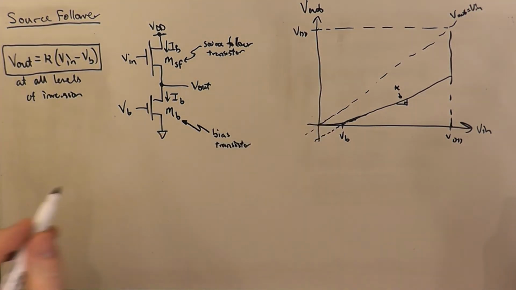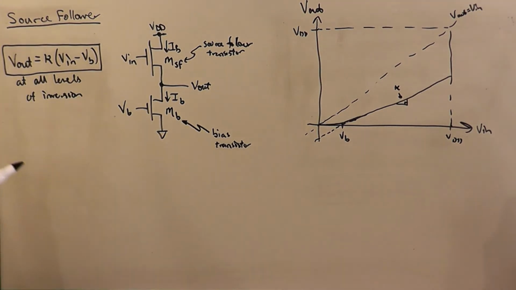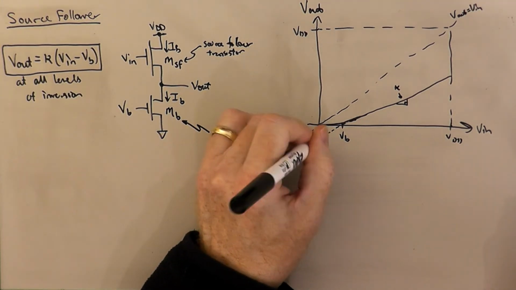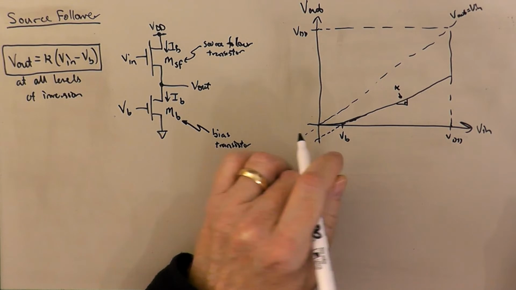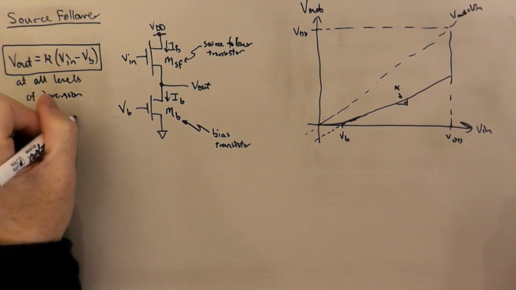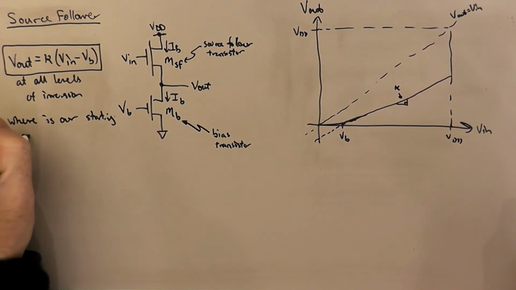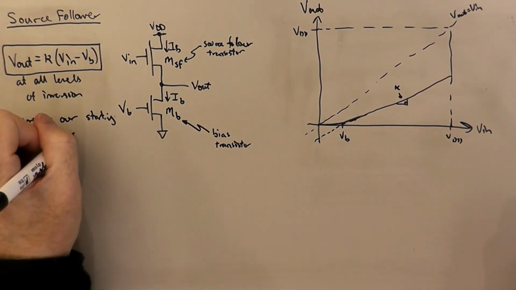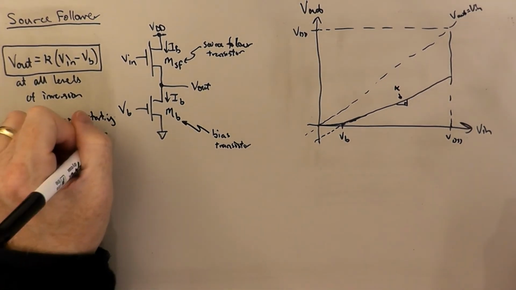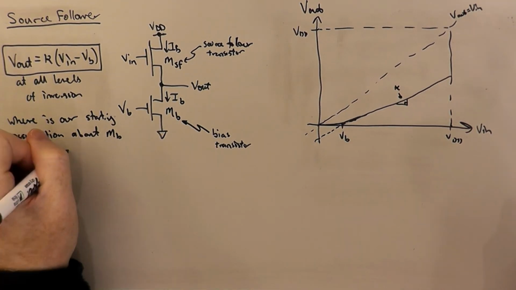And then, we can ask, where is our starting assumption about MB being saturated valid?